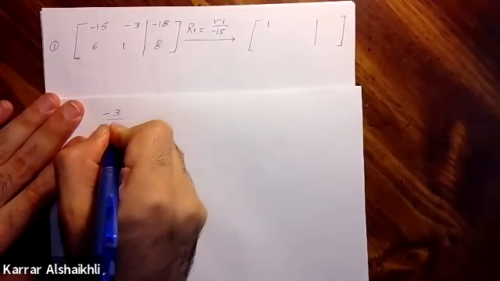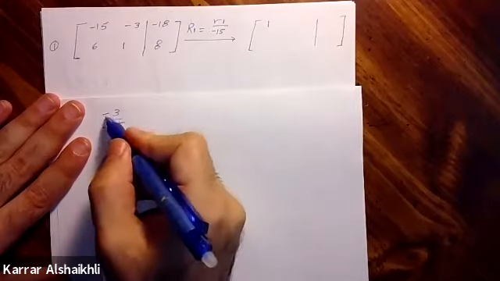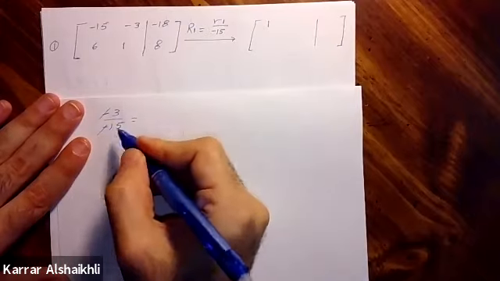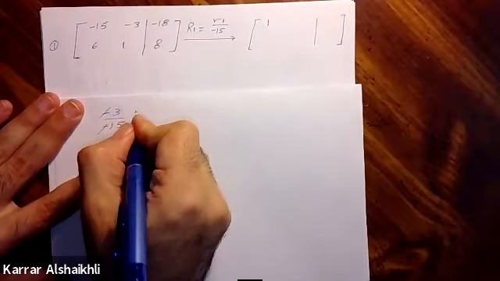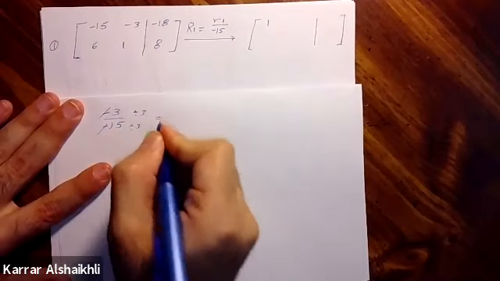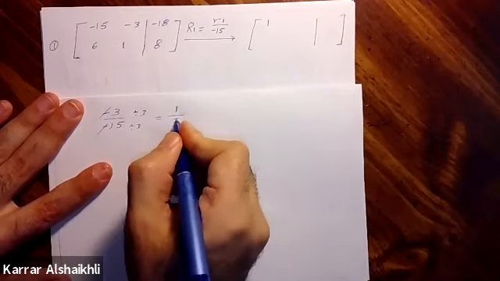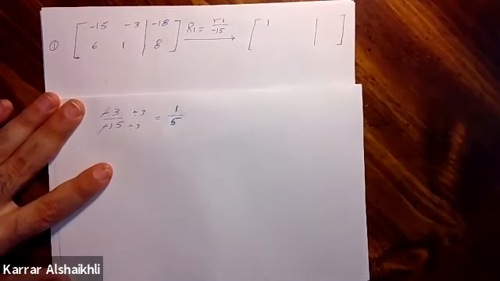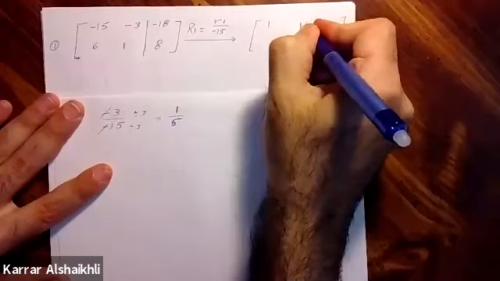It looks like you're simplifying. Negative divided by negative is going to be positive. 3 divided by 15. Divide both by 3, because you're going to simplify. 3 divided by 3 is going to be 1. 15 divided by 3 is going to be 5. So the result is going to be 1/5. That means I have to write down here 1/5.